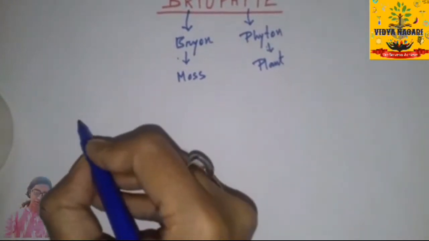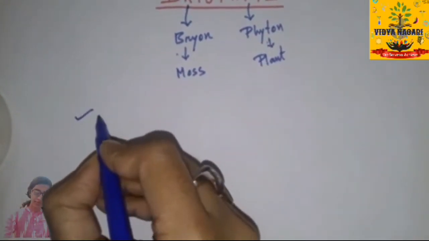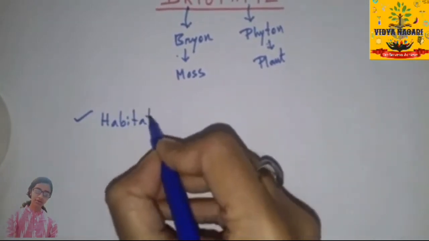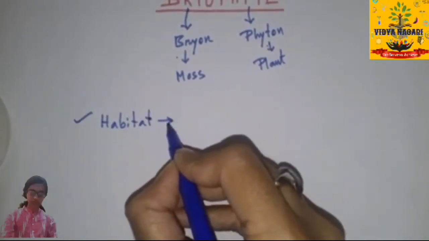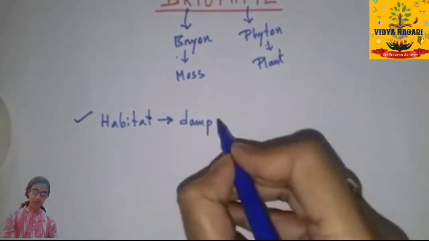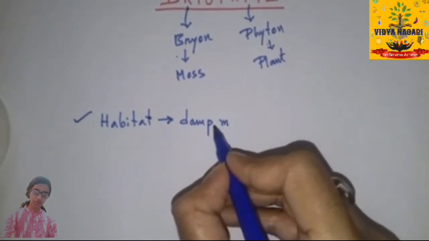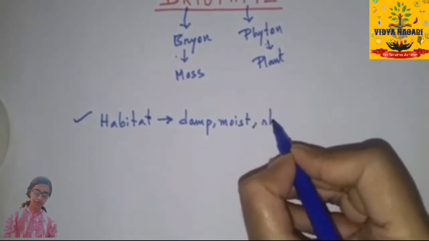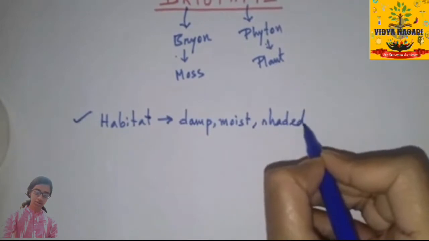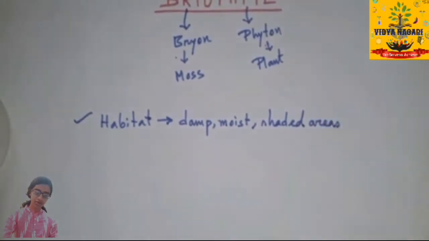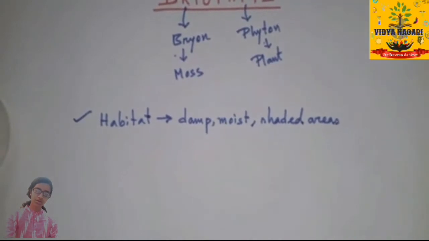Now their general features. These bryophytes mainly grow in damp, moist, shaded areas like in the hills.